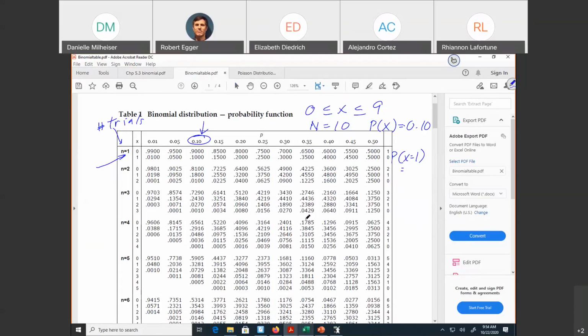So rolling a 1 would be success, 0.1. Probability of failure, of not rolling the wanted number, 0.9.